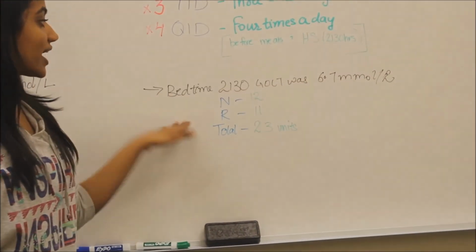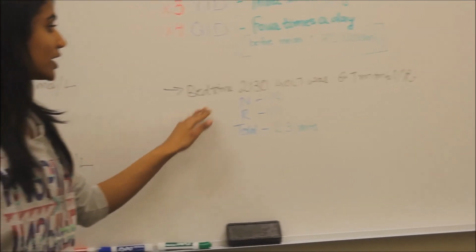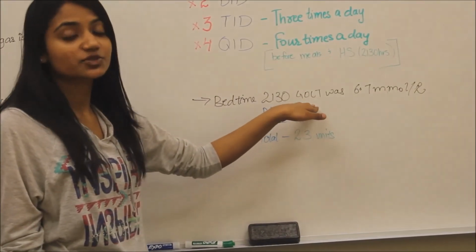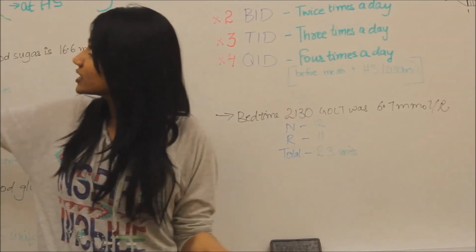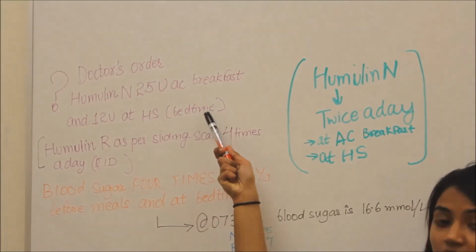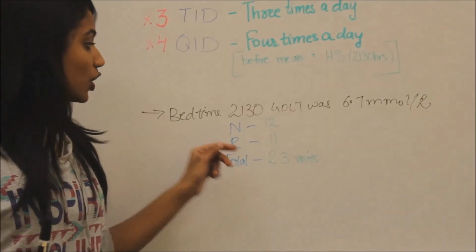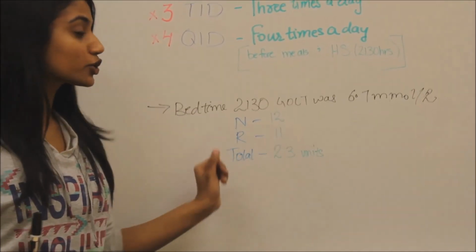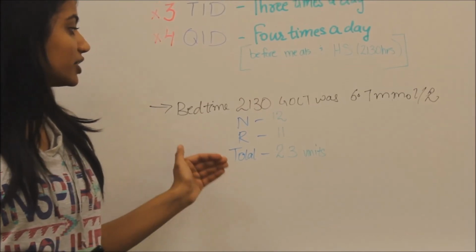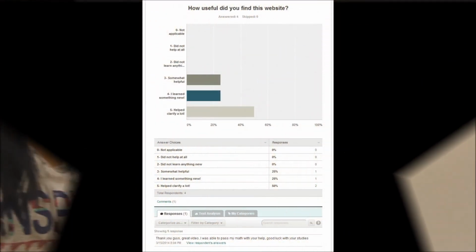At this point, as per doctor's order, I will give Humulin N to my patient, that is 12 units at bedtime. And the Humulin R, as per sliding scale, will be 11 units. So we are giving a total, a combination of Humulin N and R, of 23 units.